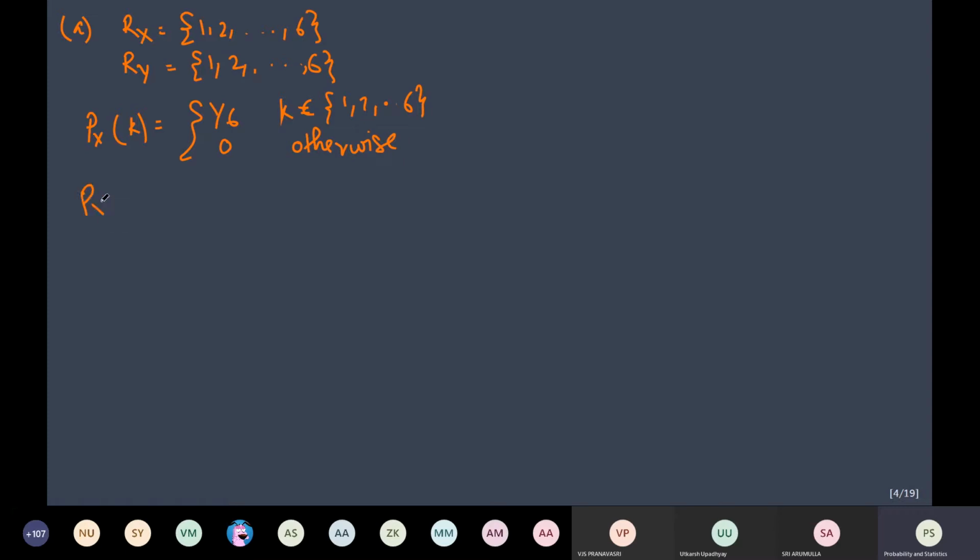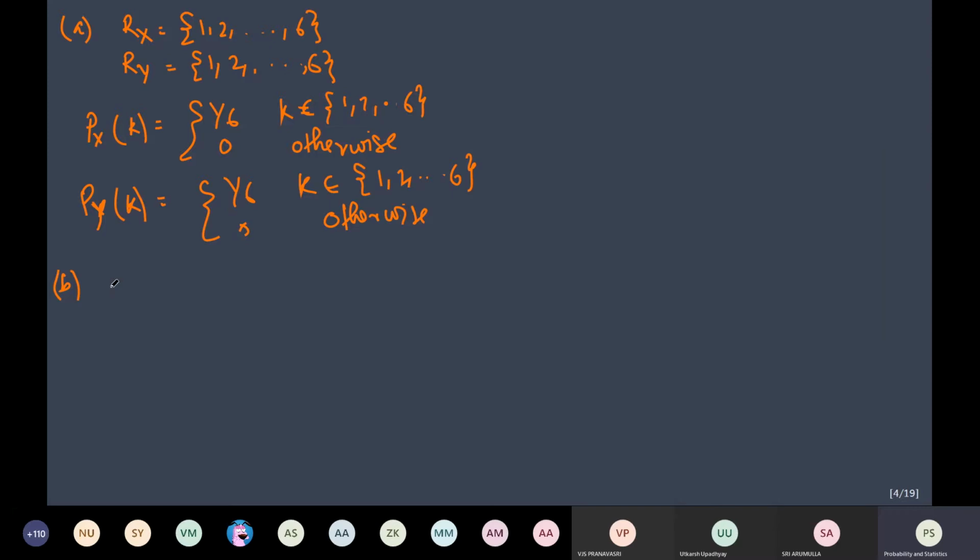And similarly, we can do p_y of k, and that will be the same, 1 over 6 for k in the set 1, 2, up to 6, and 0 otherwise. So these are the PMFs, and that's part A of the question.